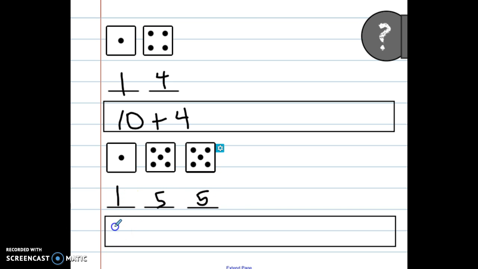We can only write things in base 10, so 100 plus 50 plus 5. Great job. Only in base 10.